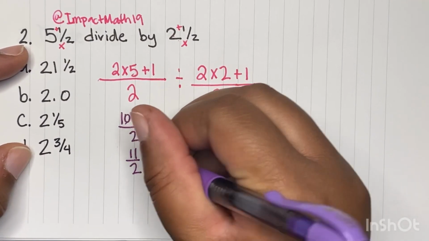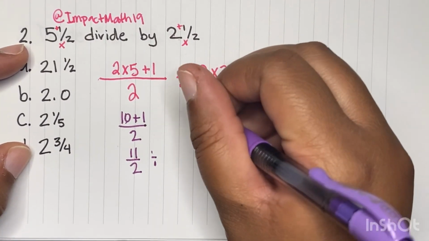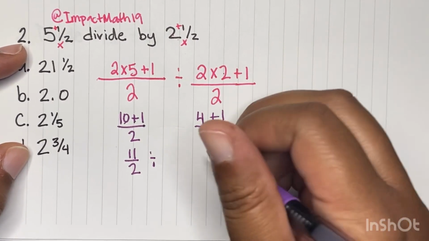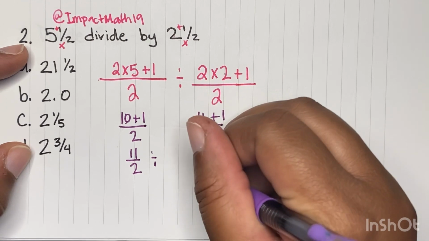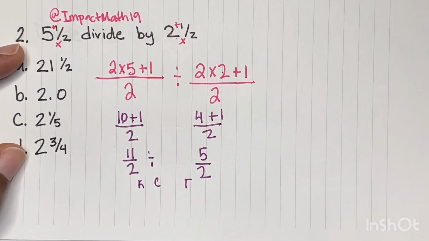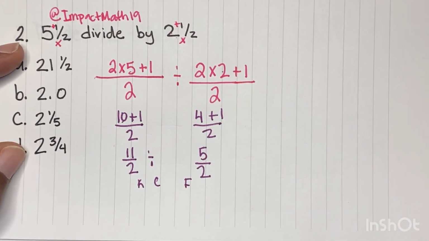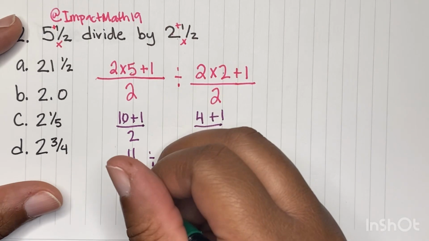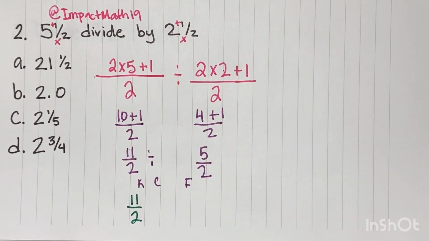Now that's being divided by 2 times 2 is 4, plus 1 over 2. And 4 plus 1 gives us 5 over 2. So we're going to do the keep, change, and flip, okay? So we're keeping this left side the same, 11 over 2.